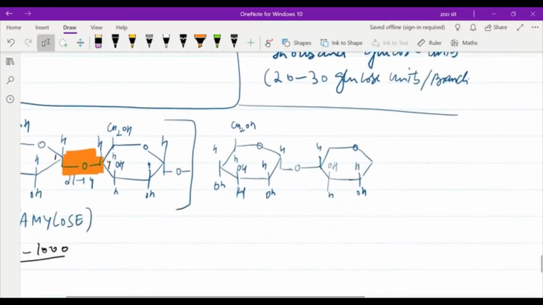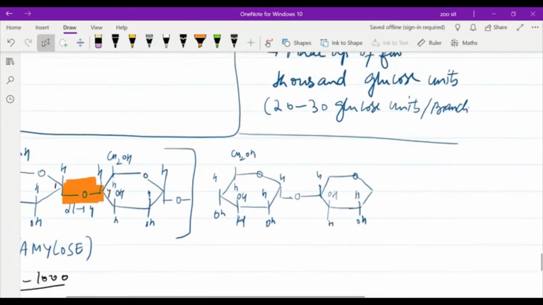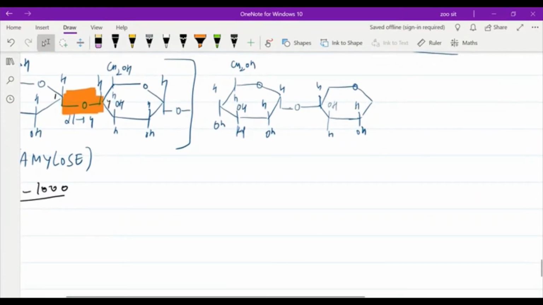It is made up of a few thousand glucose units, and 20 to 30 glucose units per branch are present. Here I would like to say that this is the bond between 1 and 4 in amylopectin, and between the two branching points you see this is the branching point.